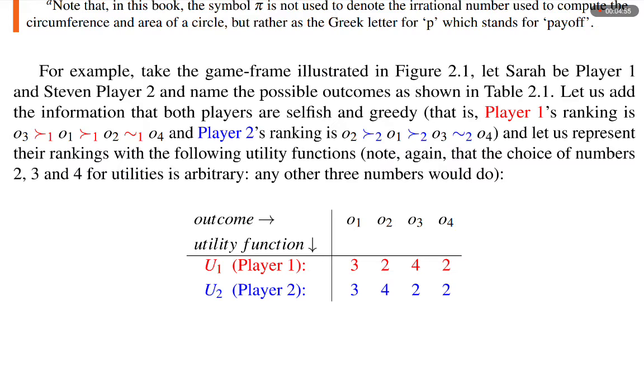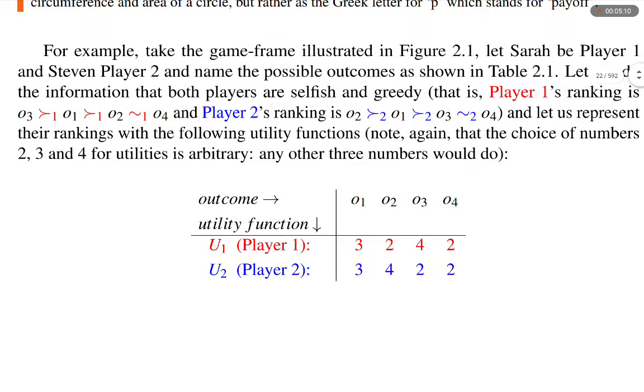Player 2's ranking is O2 is better than O1, and O1 is better than O3, and O3 is just as good as O4.